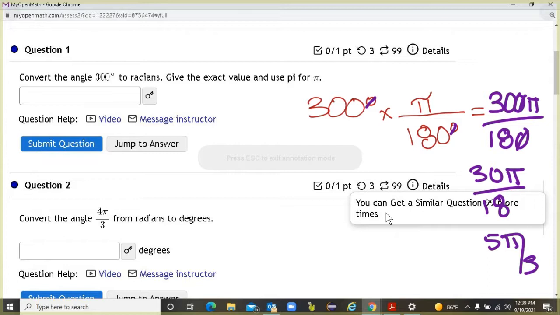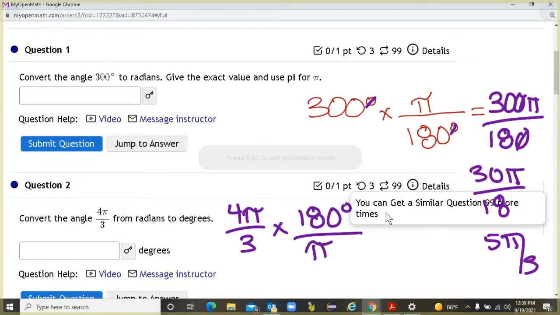And so question number 2, you're going the other direction, so 4 pi over 3. And we want the degrees on the top this time because that's where we're going to end up. Okay, so notice in this case those pi's cancel out. Just keep in mind that a radian measure doesn't have to have a pi in it. So it looks a little weird, but you could have, say, 4/3 radians.